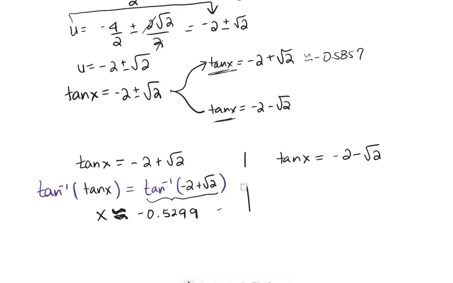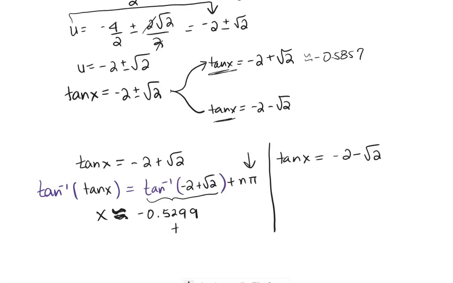So for example, a general solution for this one would have been inverse tangent of -2 plus the square root of 2 plus n pi, because tangent's period is pi. Now we know that this number does not fall between 0 and 2 pi, so what we're going to do is just add pi.